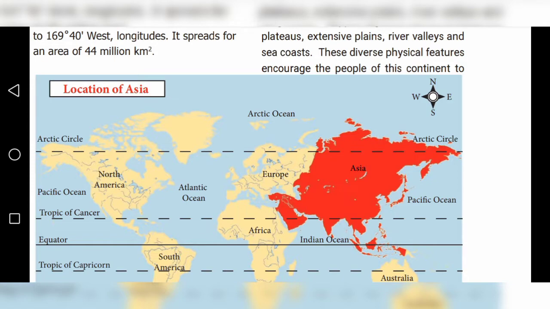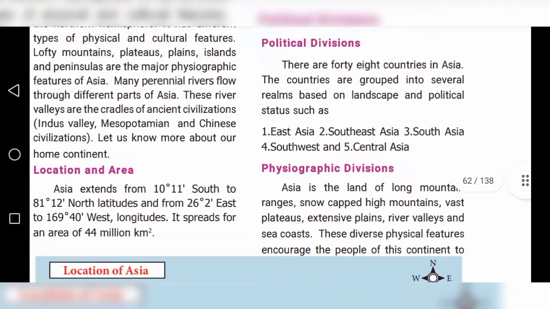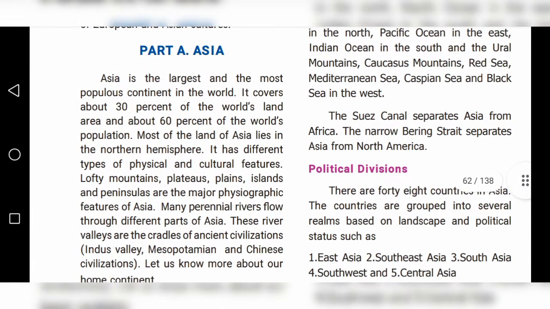Now we are going to see Asia first, followed by Europe. Asia is the largest and the most populous continent in the world. It covers about 30% of the world's land area and about 60% of the world's population.